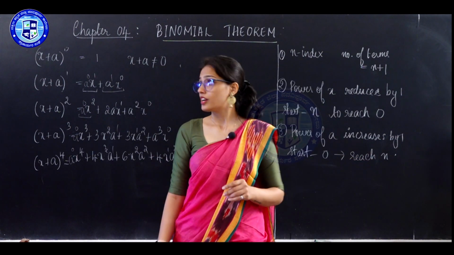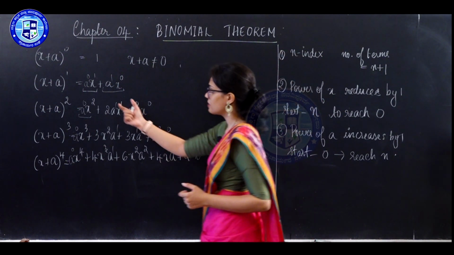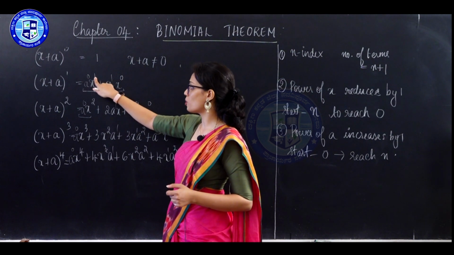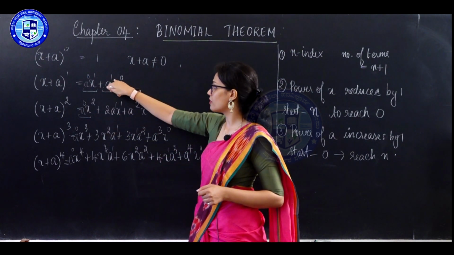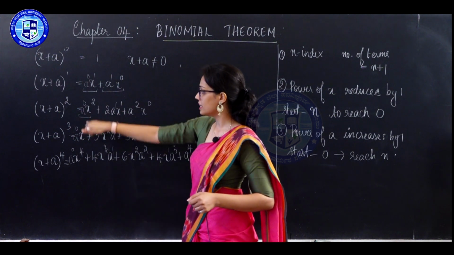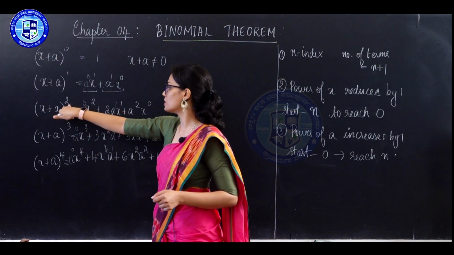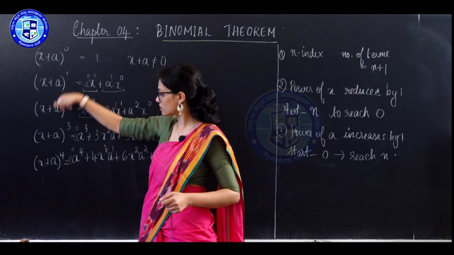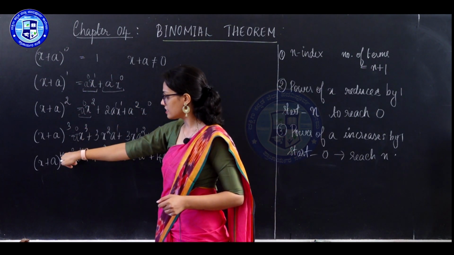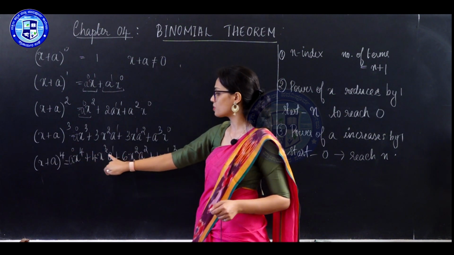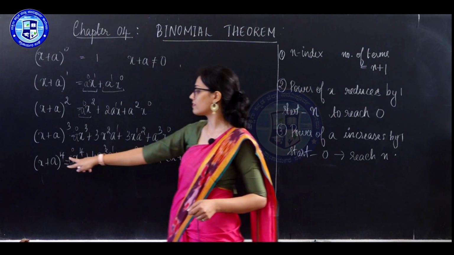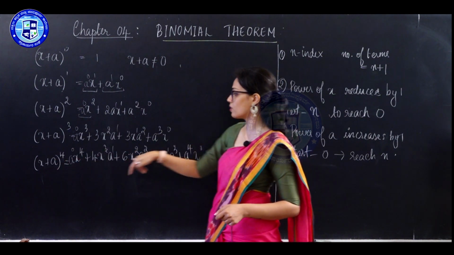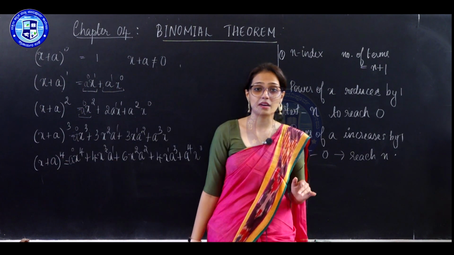Fourth observation, observe the sum of the indices. We have 0 plus 1 is equal to 1, 1 plus 0 is equal to 1. Here we have 0 plus 2 is equal to 2, 1 plus 1 equal to 2, 2 plus 0 equal to 2. Let us see the last expansion: 0 plus 4 we have 4, 3 plus 1 we have 4, 2 plus 2 we have 4, 1 plus 3 equal to 4, 4 plus 0 equal to 4. So what is happening here?